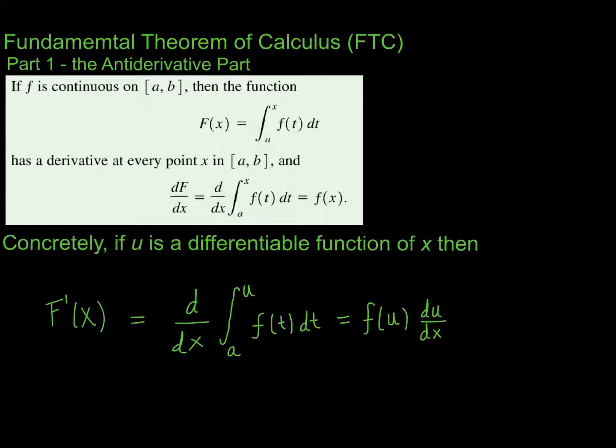And the way that we evaluate this is we take f of lowercase f of u multiplied by the derivative of u with respect to x, as we just did previously. Make sure you write this down and take a second to be sure you understand how to use it. And then we'll do one more problem together.